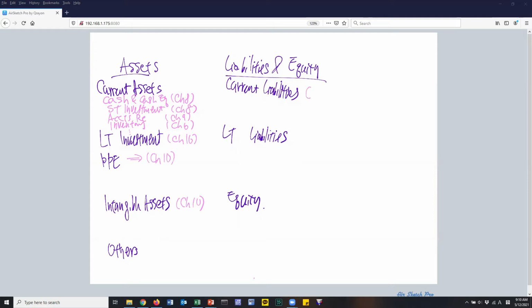Current assets, chapter 11; long-term assets, chapter, I think, 15; equity, chapter 12 to chapter 14. And then chapter 17 discusses cash flow statements, and chapter 18 discusses financial statement analysis. That's the entire set of topics in principles of accounting.